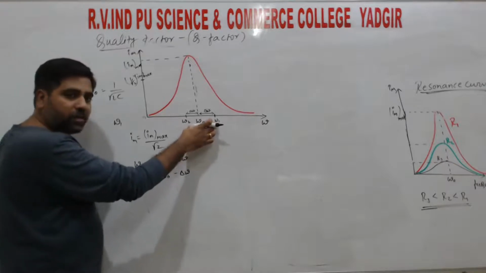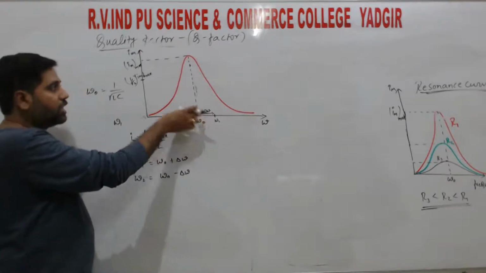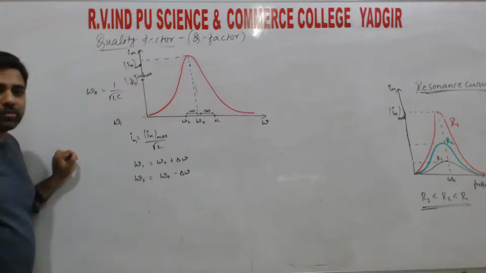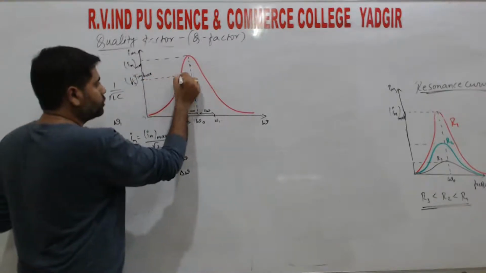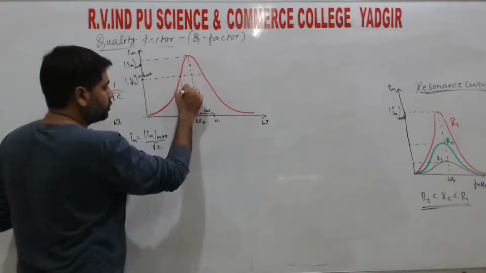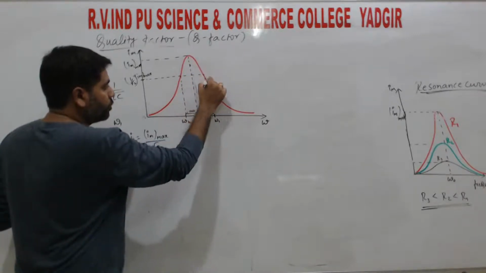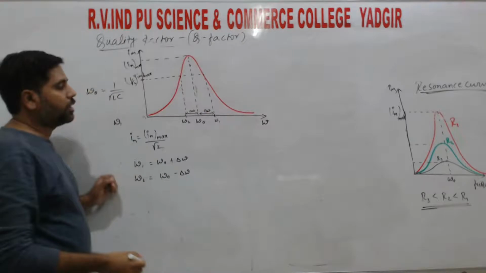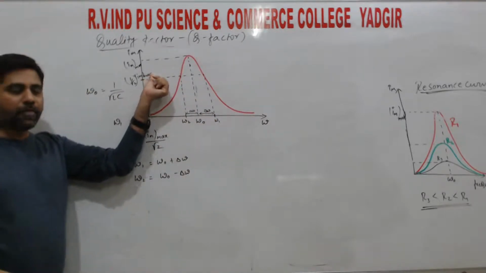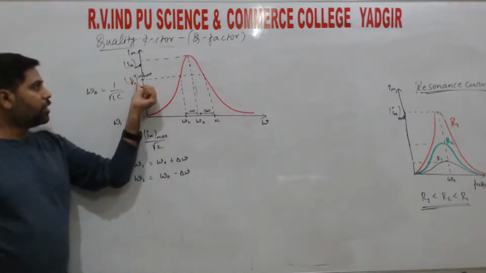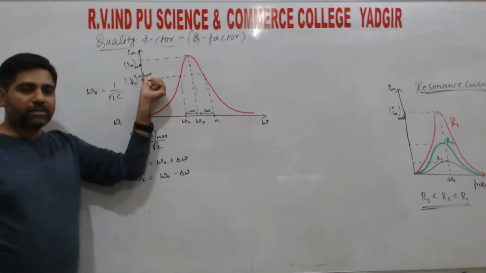These two frequencies must be such that the current equals 1 by root 2 times the I maximum. At omega 1 we get the current I maximum by root 2, and at omega 2 we also get I maximum by root 2, right?